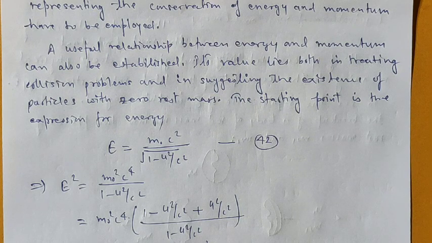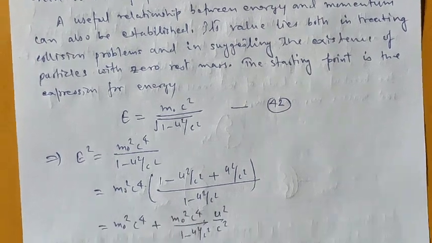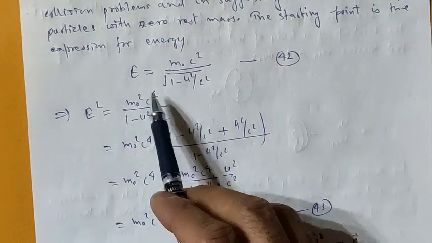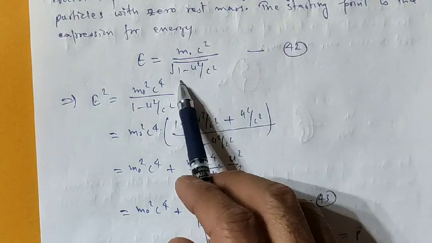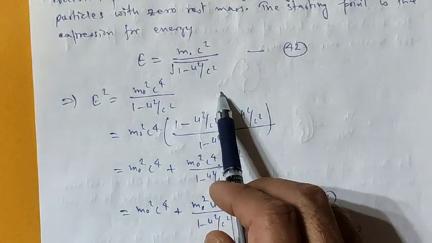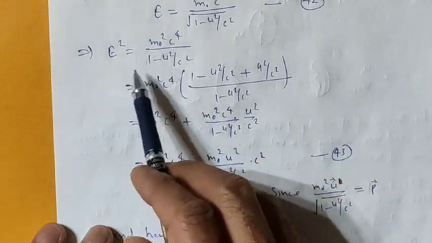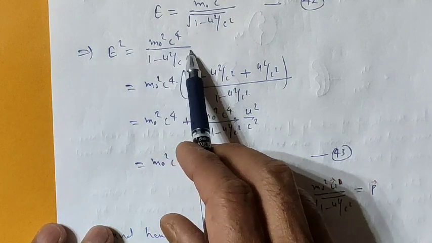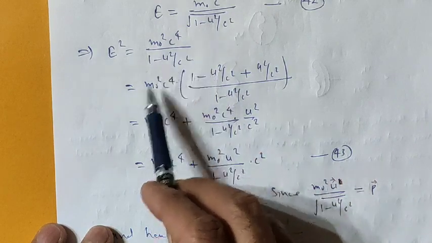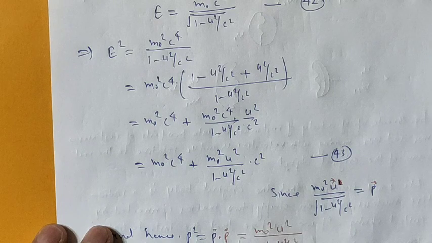The starting point of this expression: we had the total relativistic energy equal to m0 c square divided by the square root of 1 minus u square divided by c square. Then I am just squaring both sides. You have E square equal to m0 square c4 divided by 1 minus u square divided by c square.